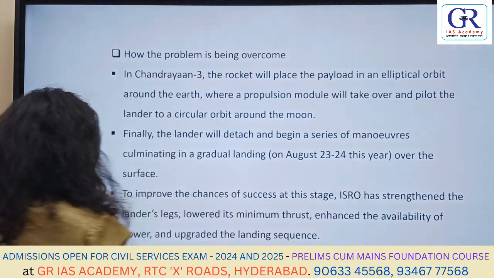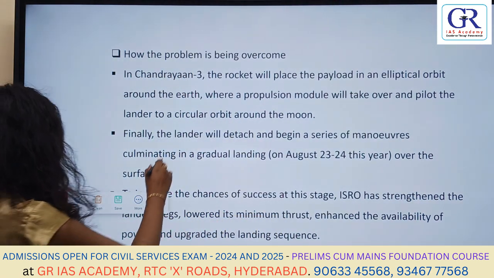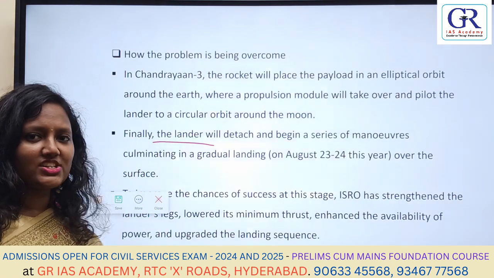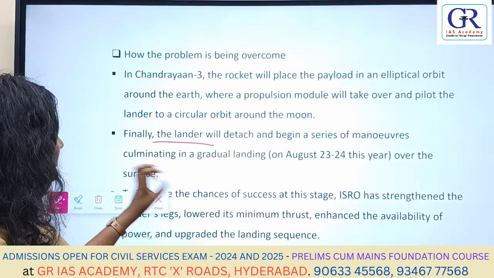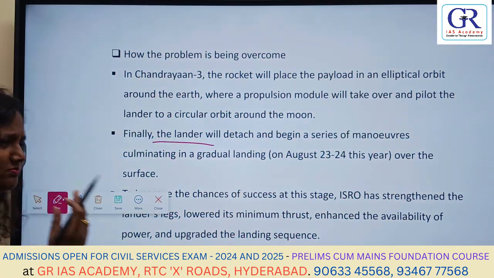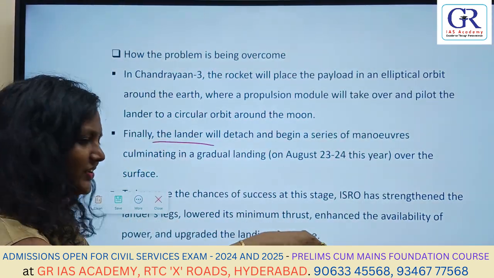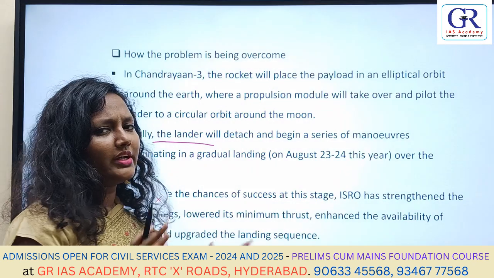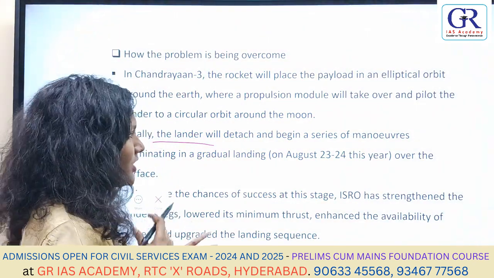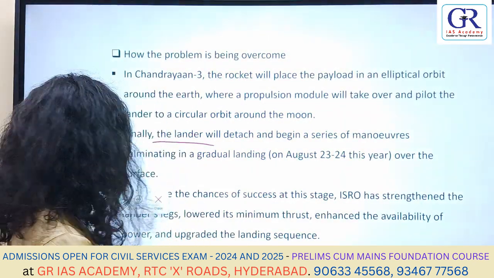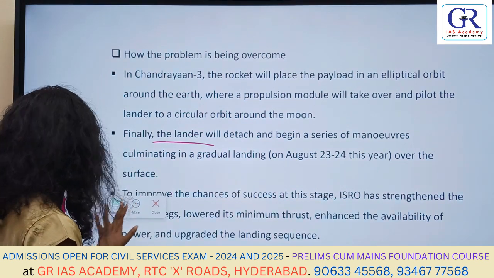Finally the lander will detach, begin a series of maneuvers, and then slowly, gradually land. It is going to land on the surface around August 23rd or 24th this year.